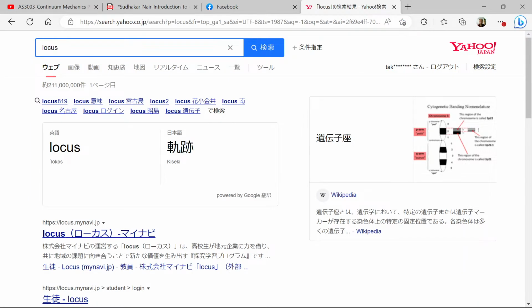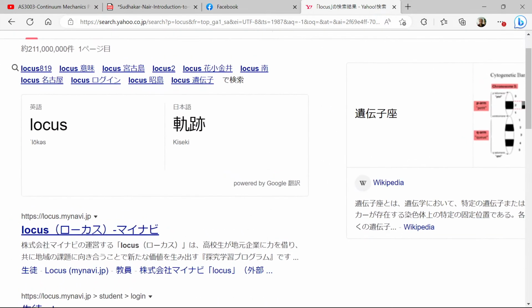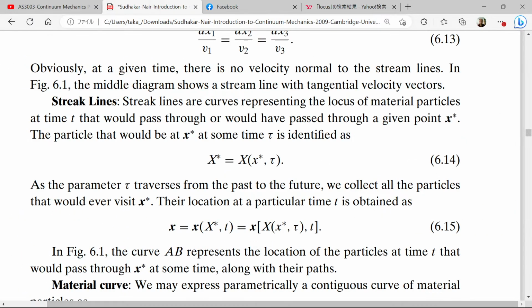Trajectory. This locus is a trajectory, orbital or trajectory: the locus of material particles at time t that would pass through, or would have passed through, a given point x star.